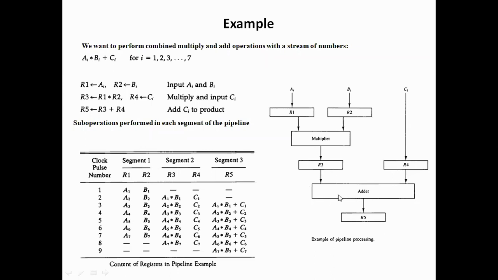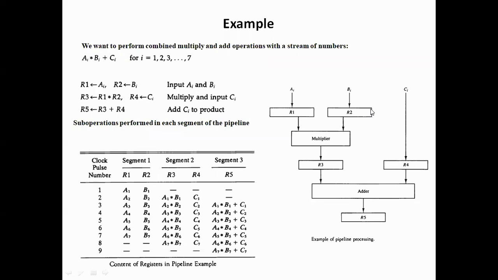We will do the addition, but we will make sure that this part doesn't remain idle. So when addition is happening for the first I equal to 1, at the same time for A2 and B2 multiplication will be happening, and at the same time for A3 and B3 the reading will be happening.